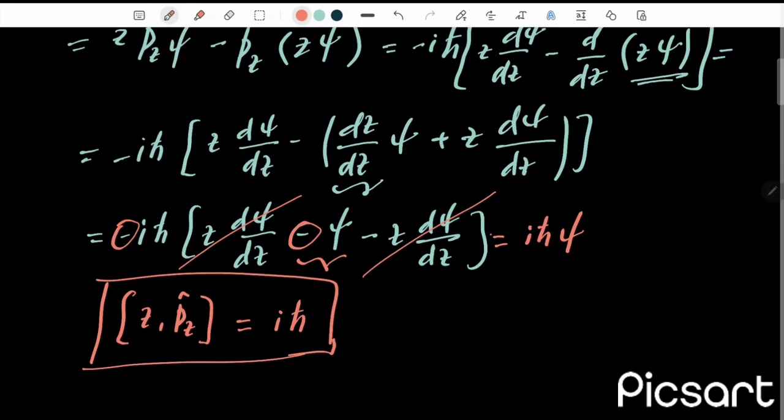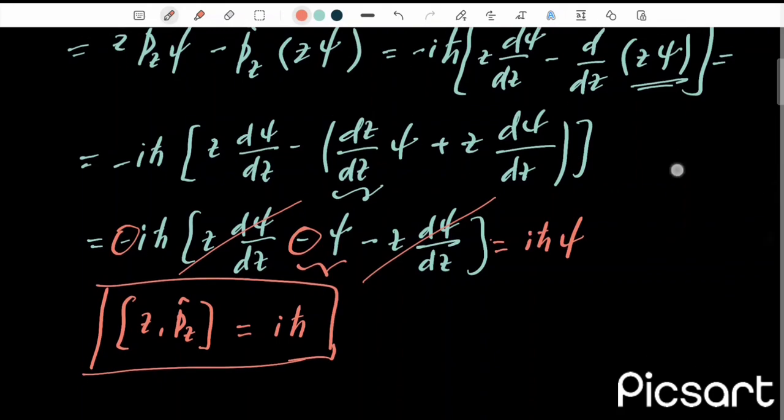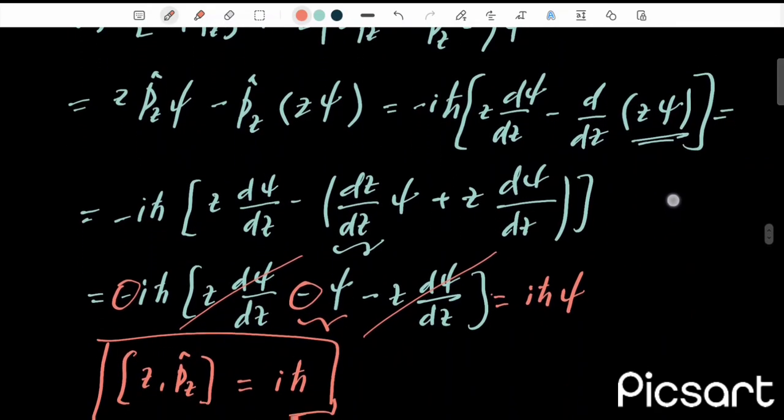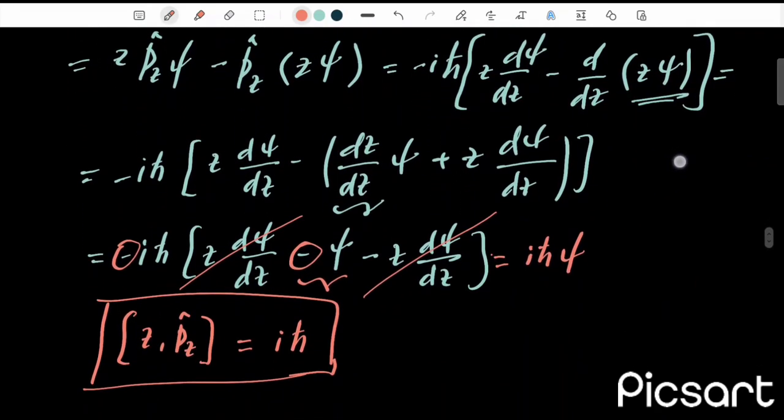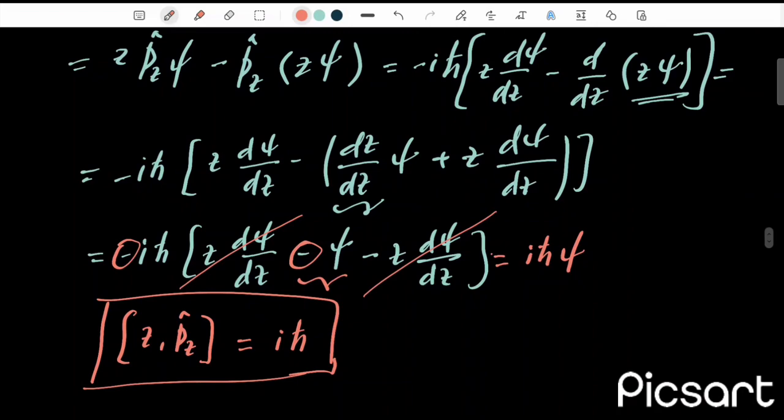Okay, maybe here I can tell you about the concept of commutator. We talked in the previous video about the consequence of two operators commuting between them.